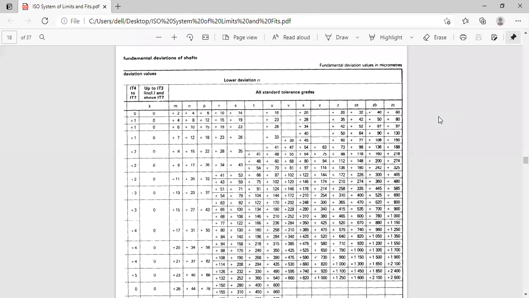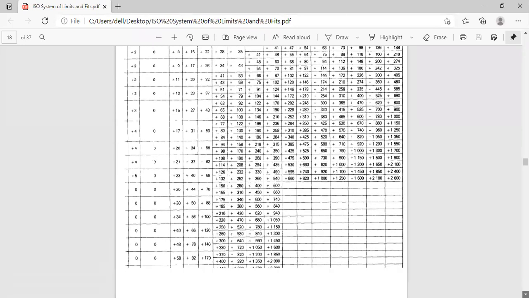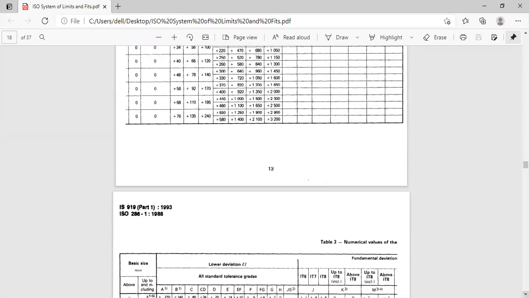So the upper deviation table is that for the shaft, and here is the lower deviation for the shaft. So he has covered all that. This is one way of taking the exact or direct value of that particular tolerance grade. Like that, according to the hole-shaft pair, we can take the values from these tables. These tables will be supplied to you, my dear friends, you don't have to worry.